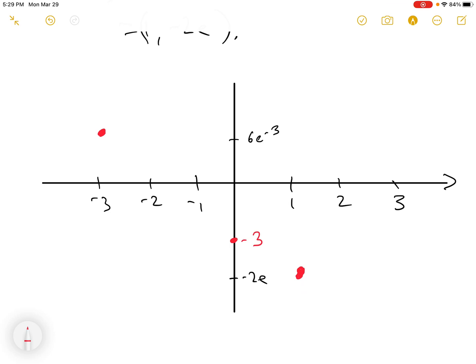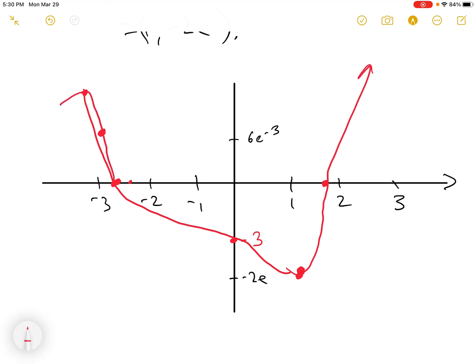So plus or minus √3 is about right here and about right here. So maybe this guy's a little higher. Doesn't matter. So this is a minimum. And this guy's a maximum, so it must be turning here. We don't have any more zeros, so it must be that this thing goes off to infinity. So there's my not to scale graph.